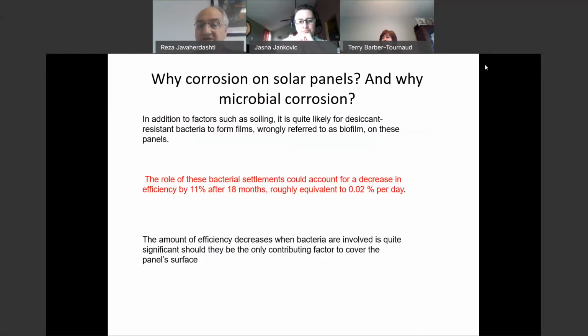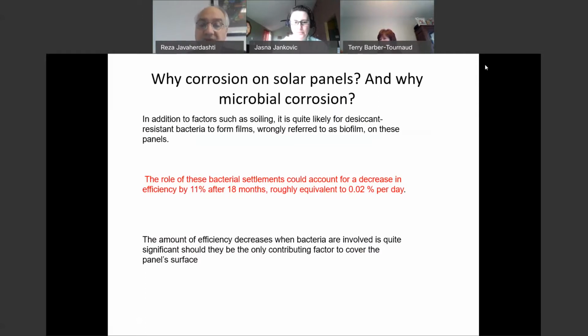The role of these bacteria settlements, which can be referred to as biofilms, could account for a decrease in efficiency by 11% after 18 months. These are reports that have shown these figures, roughly equivalent to 0.2% per day, which is quite a high number. The amount of efficiency decrease when bacteria are involved is quite significant.